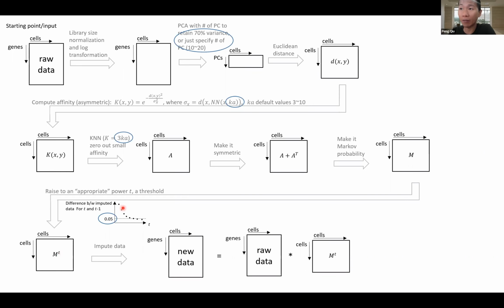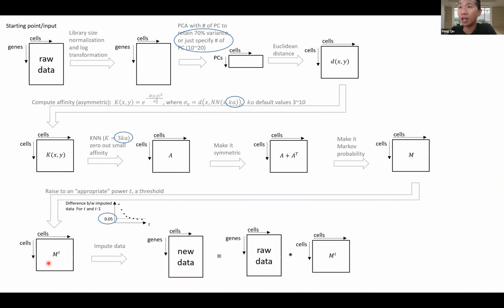And they do have an algorithm that determines what is the appropriate value of t. This T tilde raised to a certain power would represent what they call the appropriate steps of diffusion.